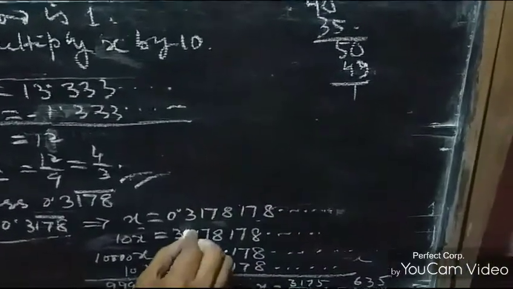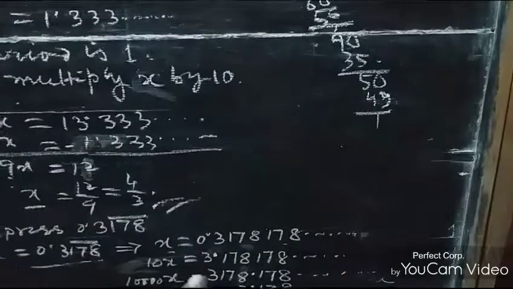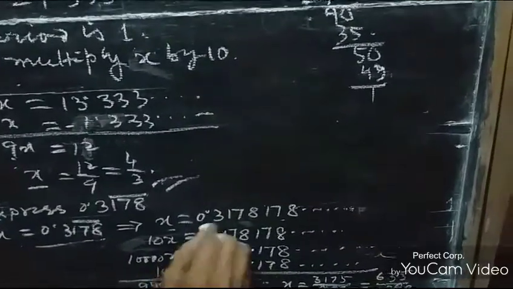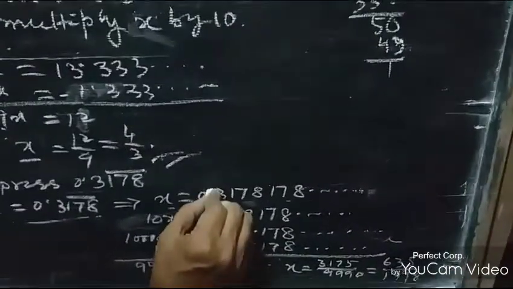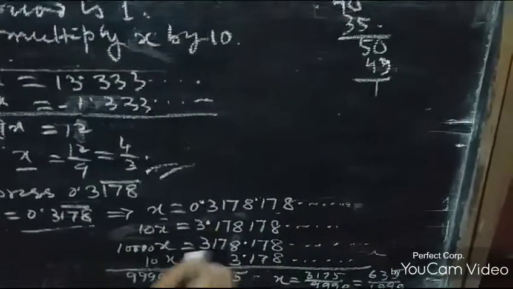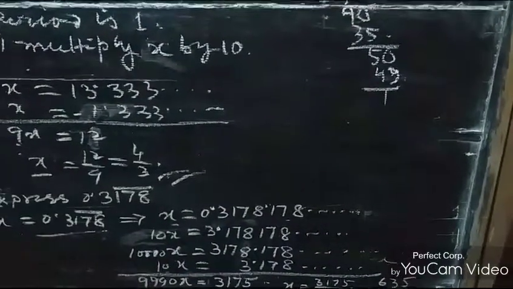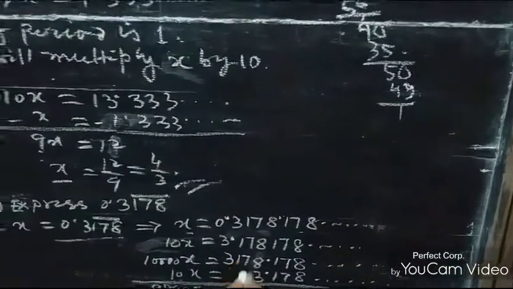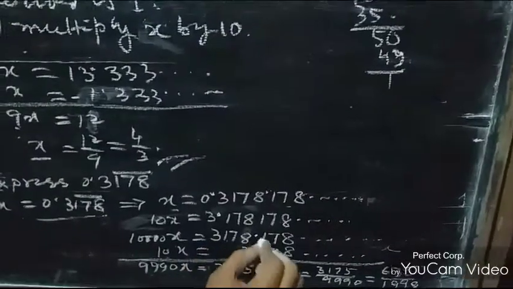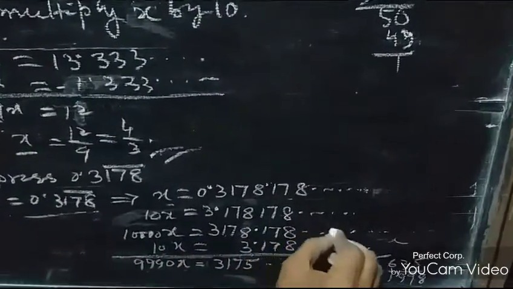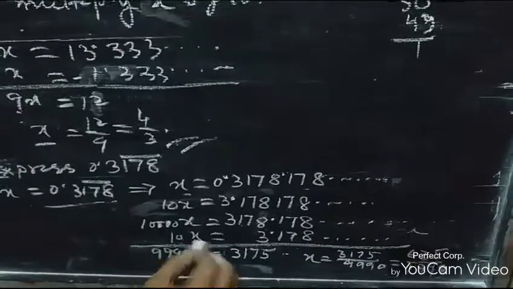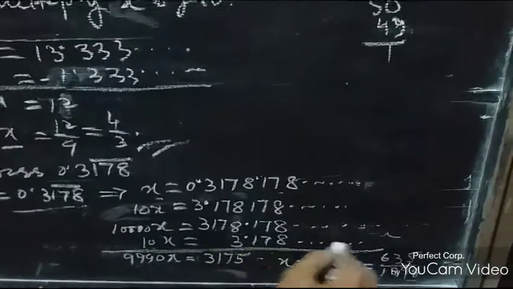Now we multiply once again, from here to here, and it comes to 10,000x. So 10,000x is 3178.178, and it goes on. 10x equals 3.178.